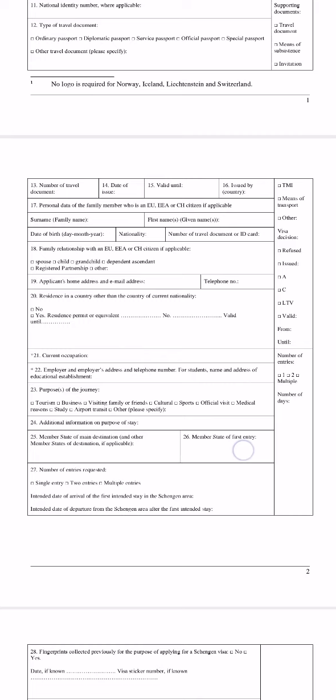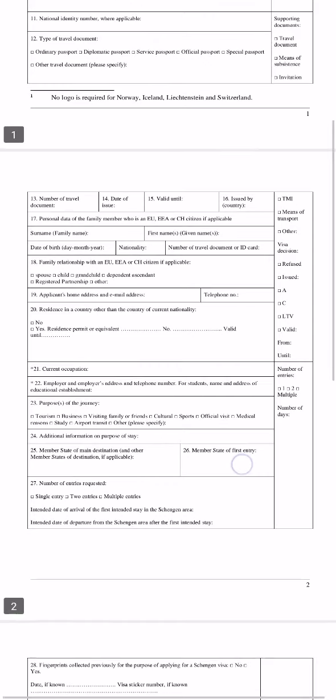If you have residence, let's say you traveled to any other Asian country or African country, you just indicate it. Or you are in Europe and want to go to another place, it depends on which place you are, so you have to put your residency there also. Then yes or no. If you have a residence permit in another country, you have to put yes.